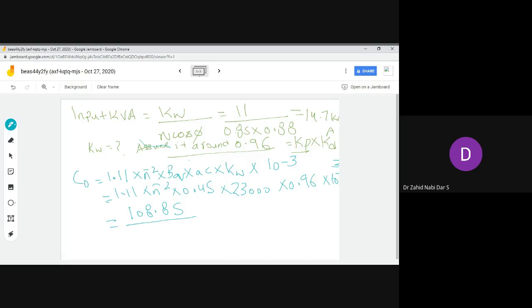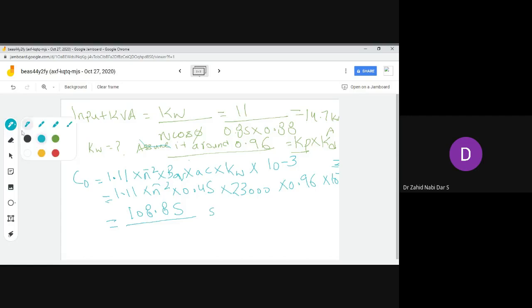Now what you are interested to get is the main dimensions D and L, the total number of stator conductors and the number of stator slots. You know the synchronous speed, that formula I've shown you.